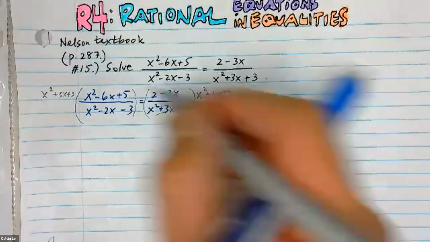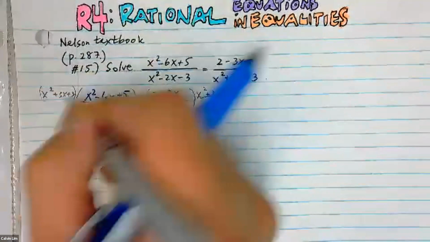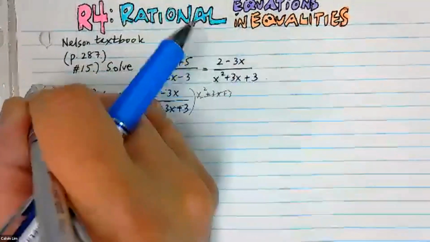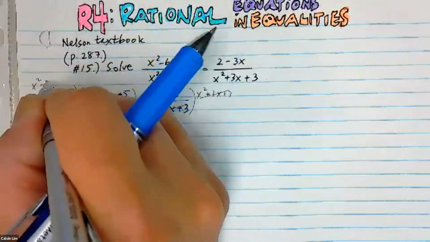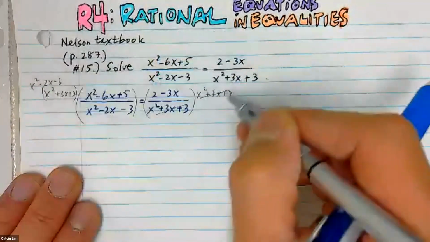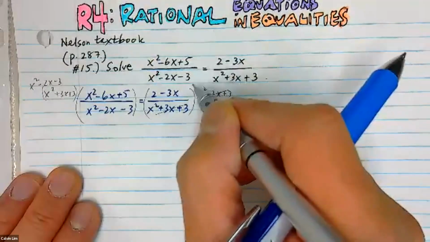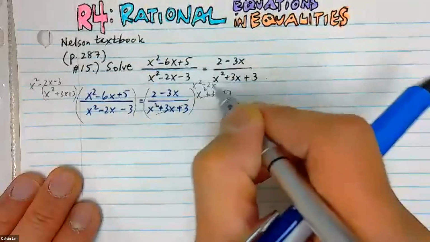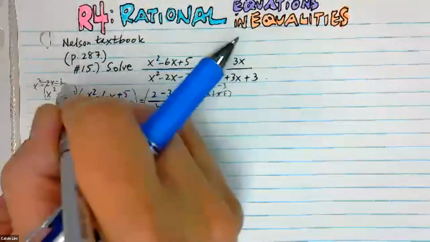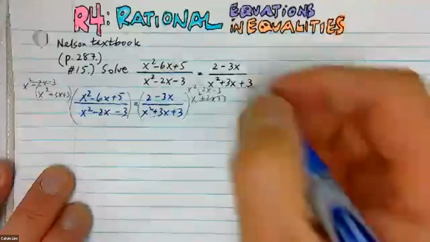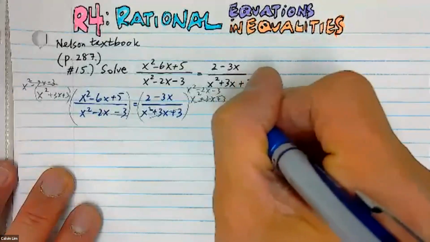And also by x squared minus 2x minus 3 to eliminate this. That's basically what cross multiplying is, right?